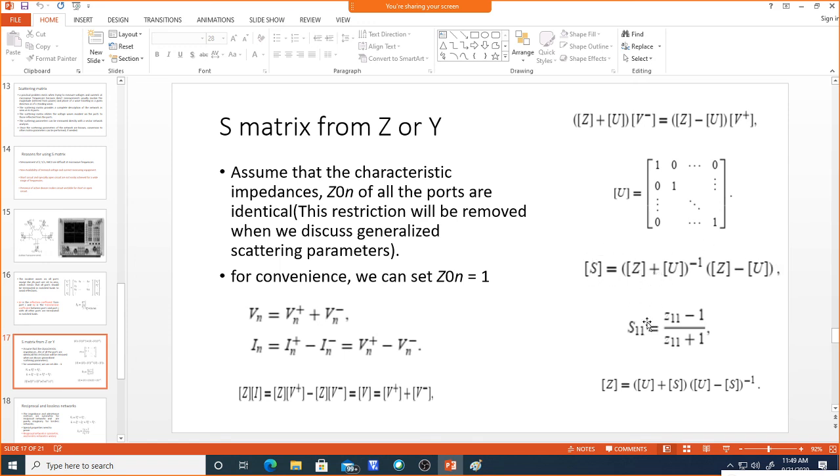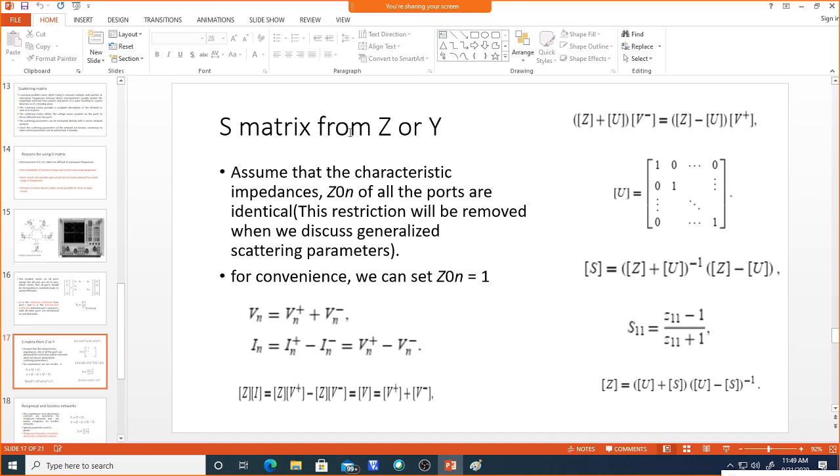If you want a particular value of the S parameter at a single port, this is the equation, from which we can arrive at S11 equal to Z11 minus 1 by Z11 plus 1. Also from this equation you can calculate Z: rearranging, you will get the Z matrix in terms of the S matrix.